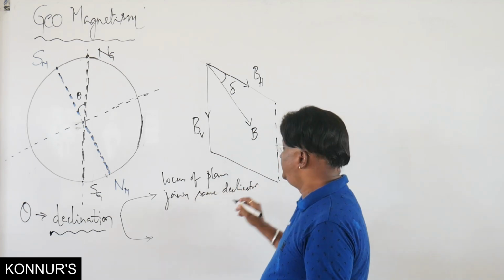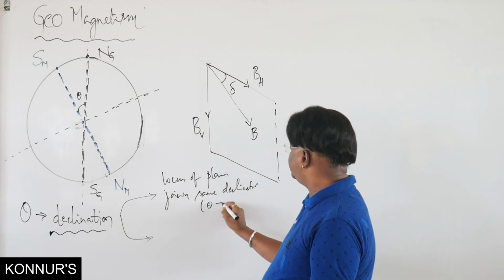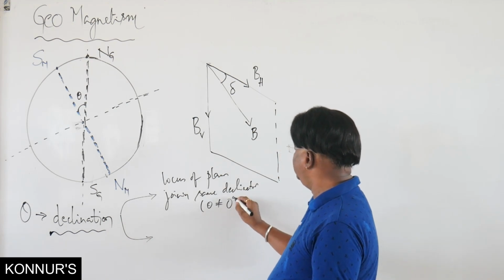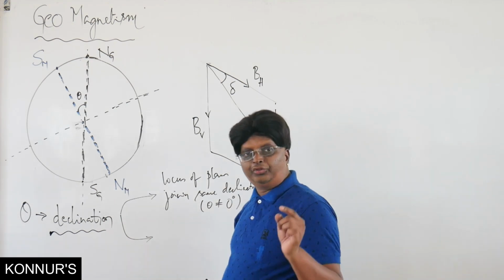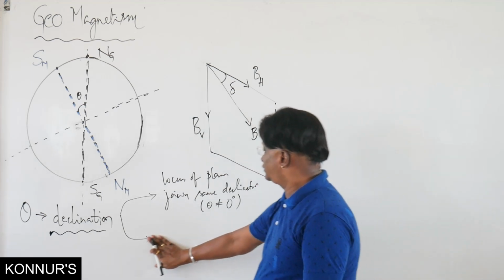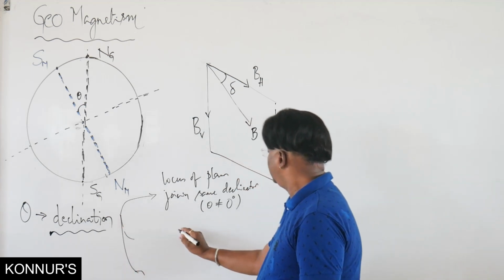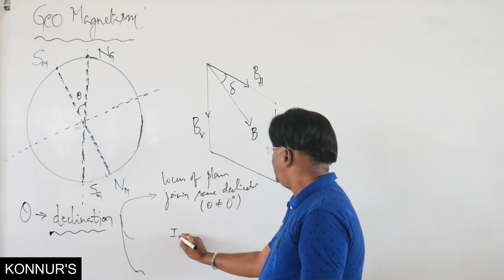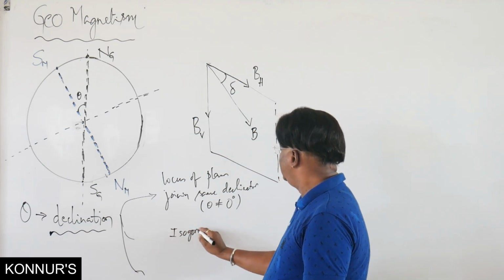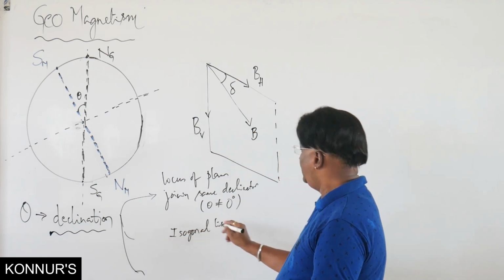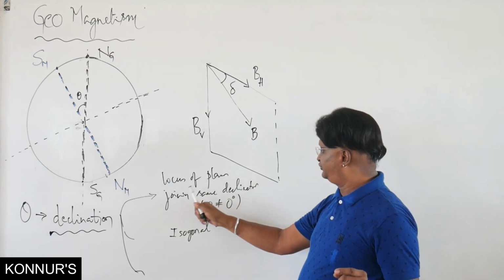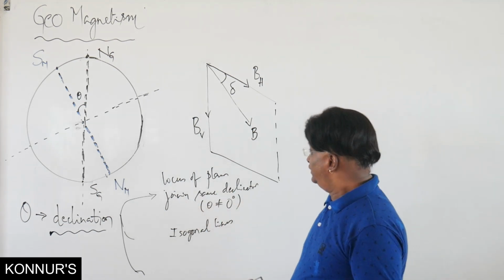Remember, same declination, and the declination not equal to 0 degrees, they are called isogonal lines. Isogonal lines are places joining the same declination.